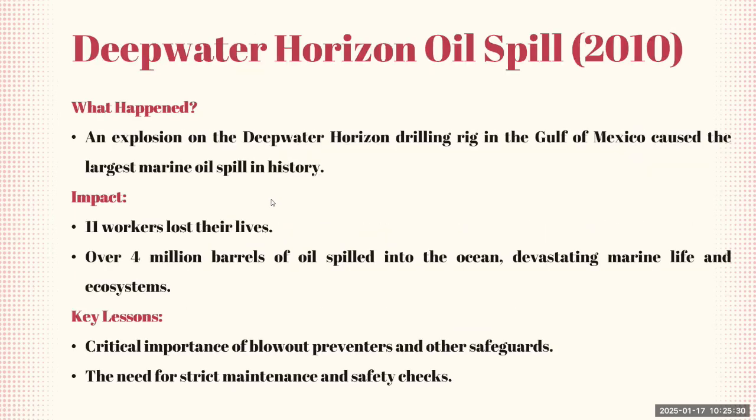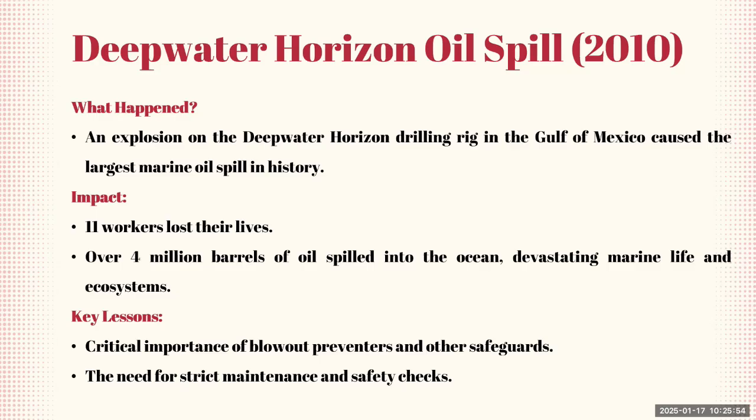The next one is the Deepwater Horizon oil spill, which happened in 2010. What happened is an explosion on the Deepwater Horizon drilling rig in the Gulf of Mexico caused the largest marine oil spill in history. The impact was that 11 workers unfortunately lost their lives, and over 4 million barrels of oil spilled into the ocean, devastating marine life and ecosystems.